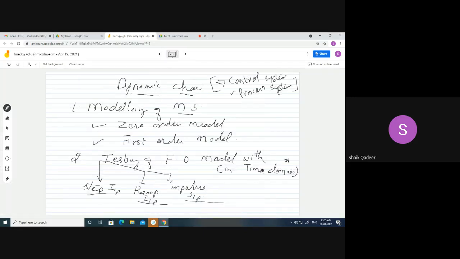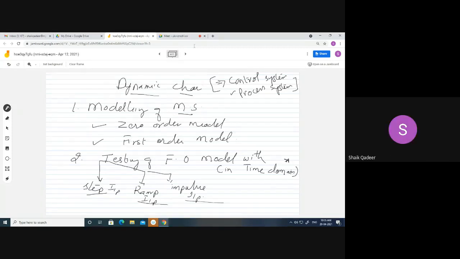In case of time domain, different excitations are applied. These three excitations are mentioned in our syllabus. We see the response of the first order system with step input, with ramp input, and with impulse input. Hope it is clear to everybody.